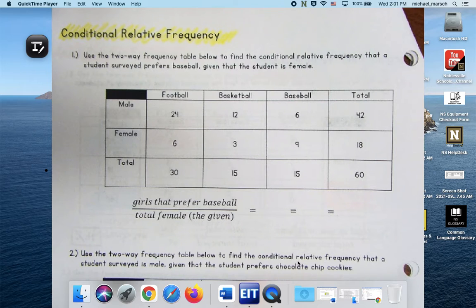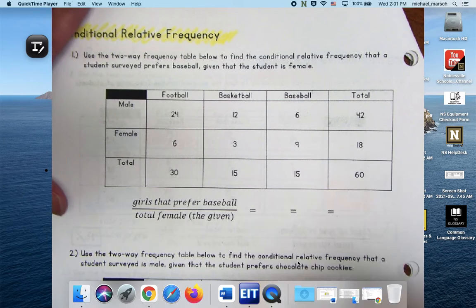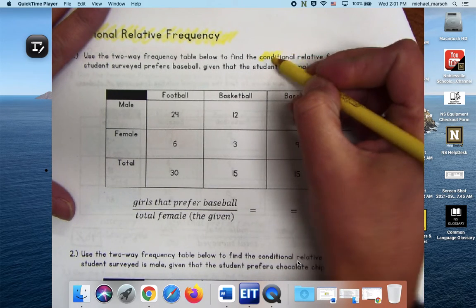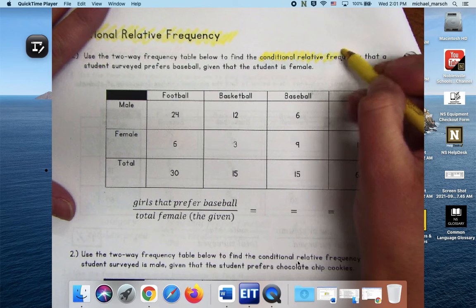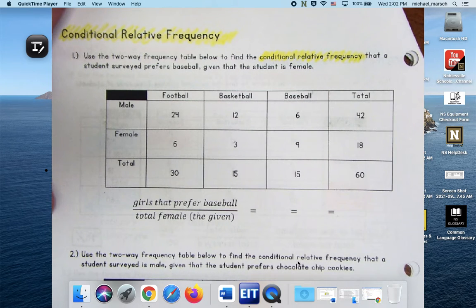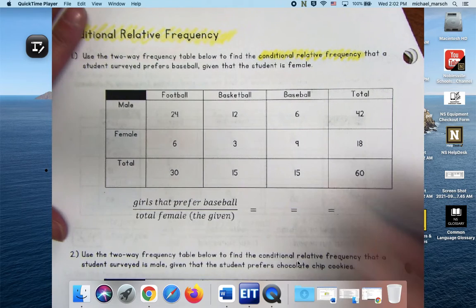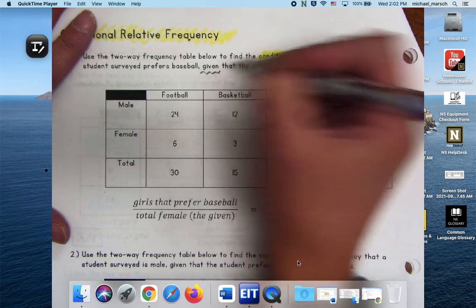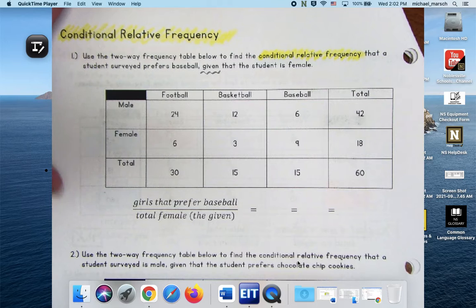Use the two-way frequency table below to find the conditional relative frequency that a student surveyed prefers baseball given, everybody put little squiggles under the word given, that the student is female.